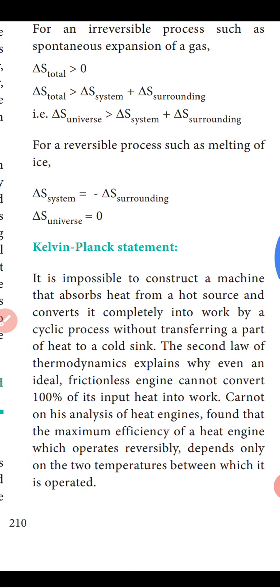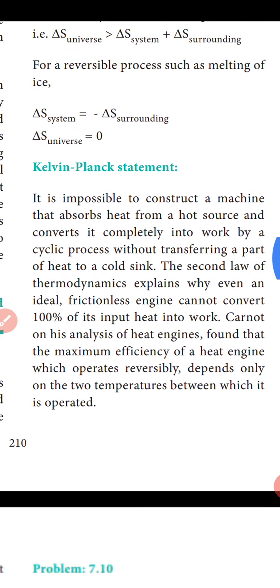The next one follows the Kelvin-Planck statement. It is impossible to construct a machine that absorbs heat from a hot source and converts it completely into work by a cyclic process without transferring a part of the heat to a cool sink. This is the Kelvin-Planck statement.